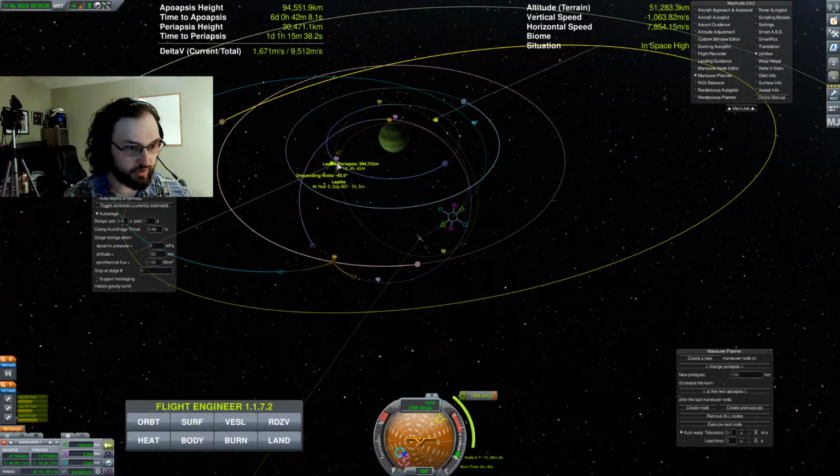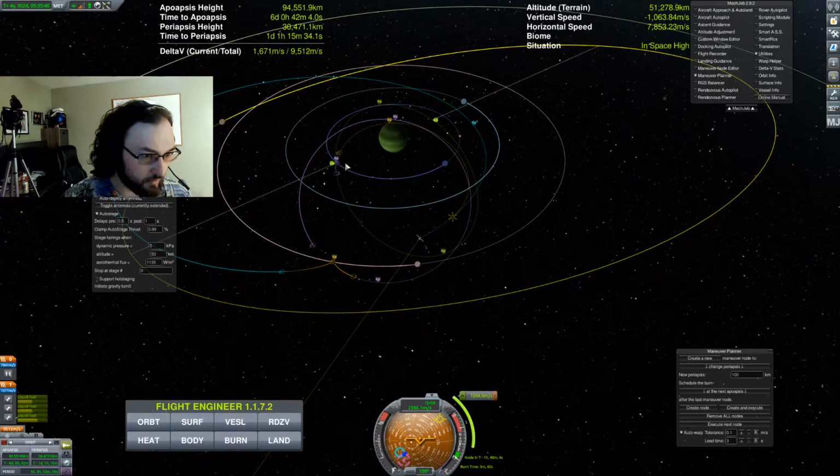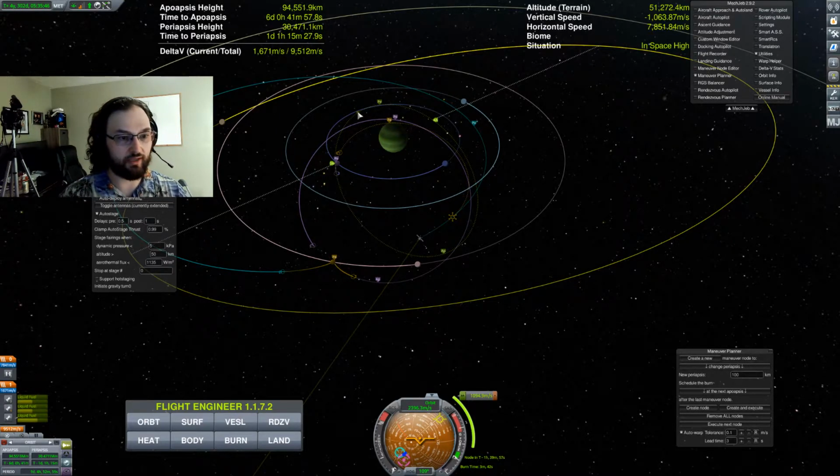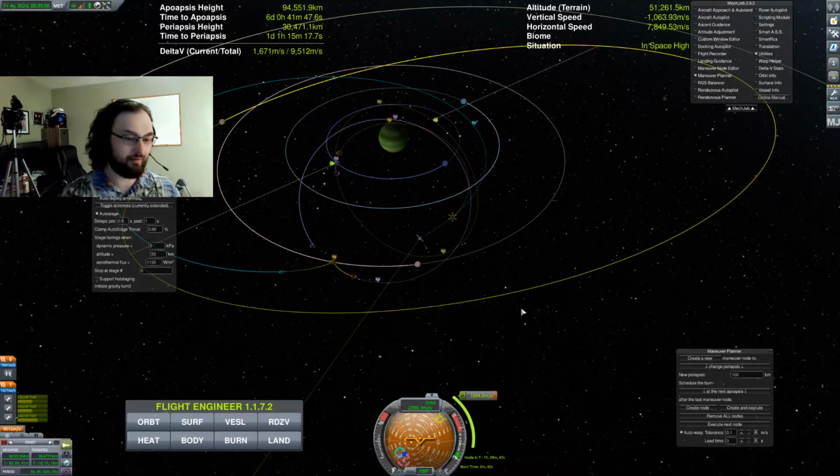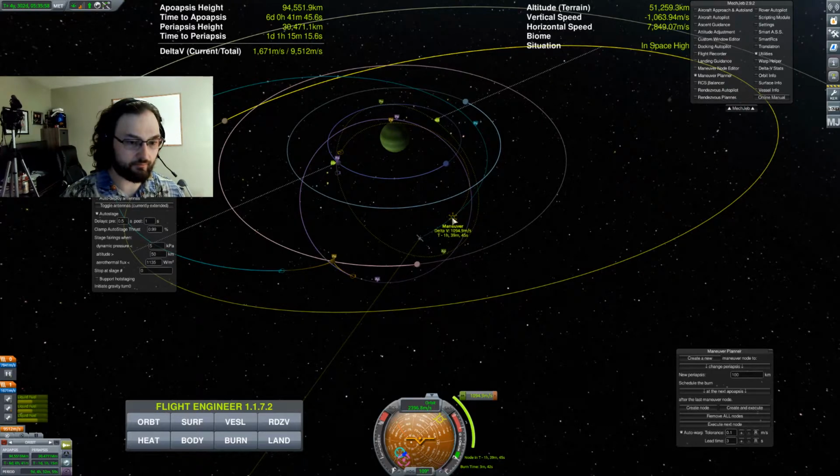There we go. This encounter is in 1 day 4 hours. The other encounter was in like 1 day 1 hour. Whereas we're saving 1,000 delta V, so we have this trade-off. Do we want to save 4 hours by spending an extra 1,000 delta V?